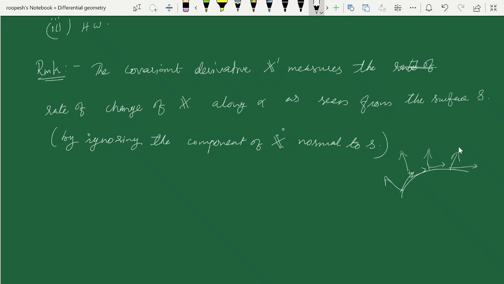When you are talking in terms of the covariant derivative, this normal component is not counted. One can visualize this rate of change in terms of its tangents, from the surface itself. So the covariant derivative x dash measures the rate of change of x along alpha as seen from the surface S.